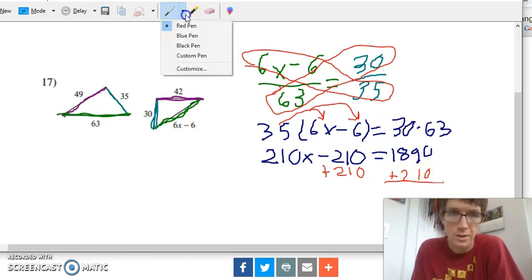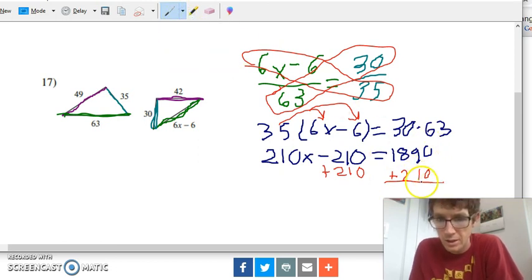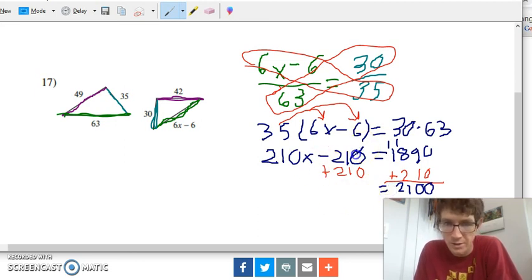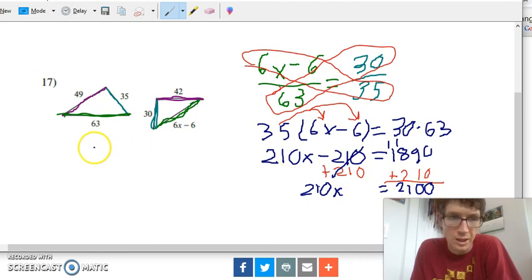This is 0. That's 10. So let's carry. This is 11. Okay, so 2,100. So when I set this up, this cancels. So we should have 210x equals 2,100.